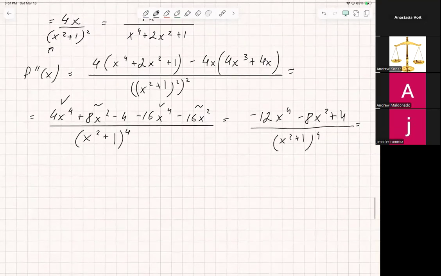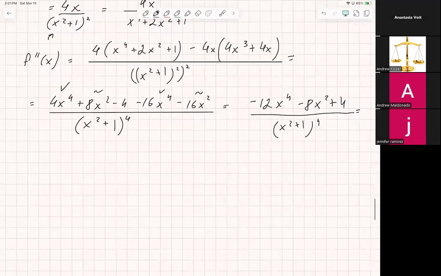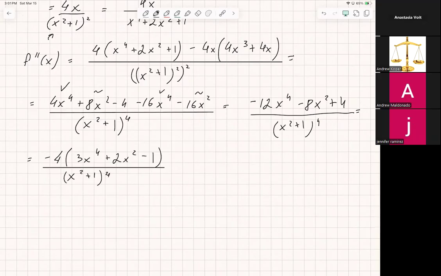Now we can factor out negative 4, I guess, from here and see what we get. So negative 4 times 3x to the fourth power plus 2x squared minus 1, and we divide it by, again, x squared plus 1 to the fourth power.